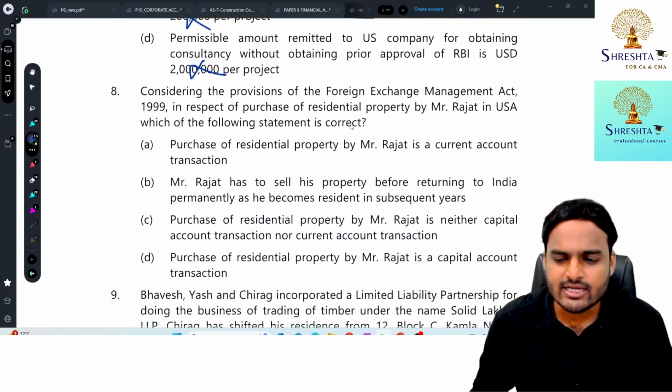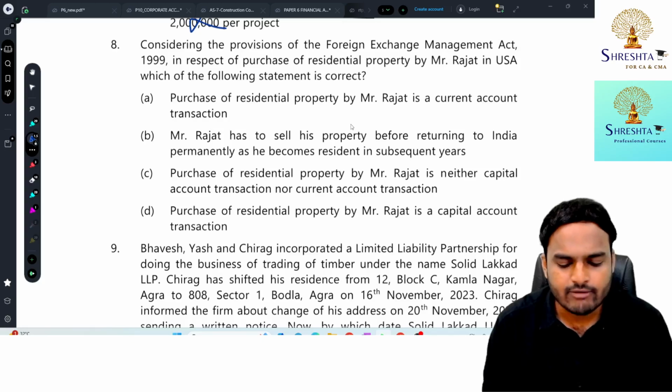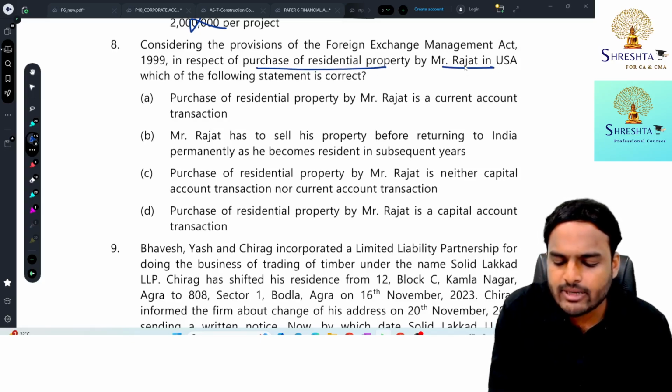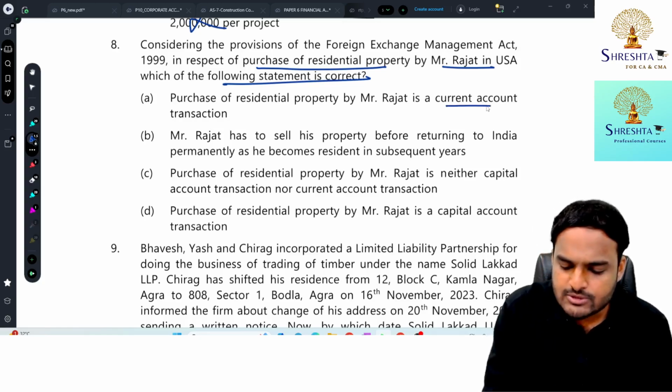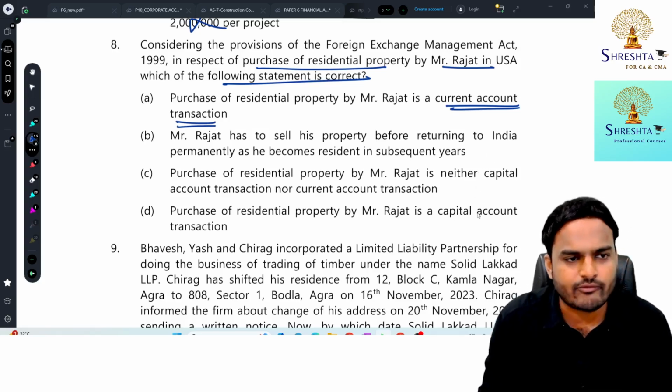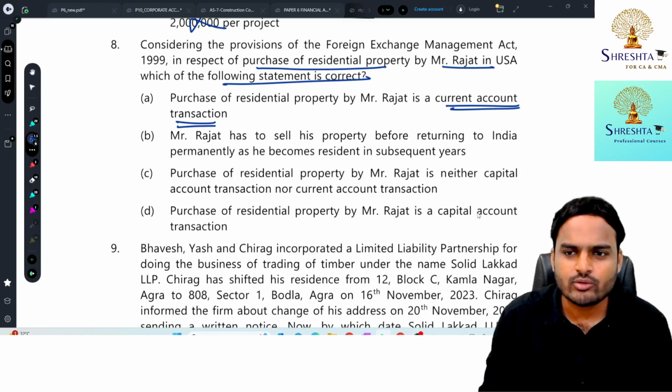Next one. Considering the provisions of FEMA in respect of purchase of residential property by Rajat in USA, which of the following statements is correct? They're asking you whether it is a current account transaction or capital account transaction. What is a capital account transaction?